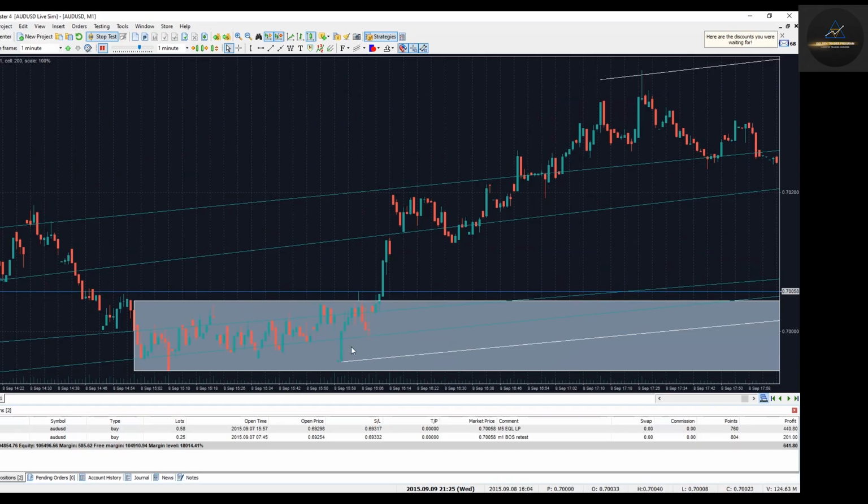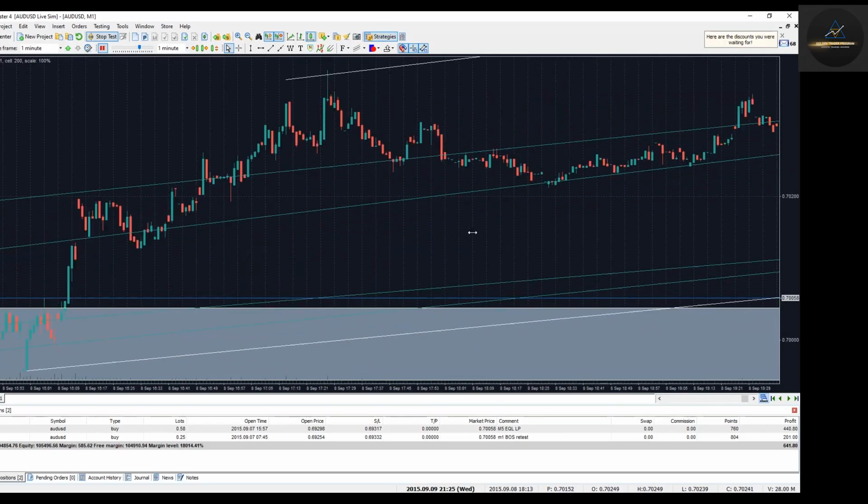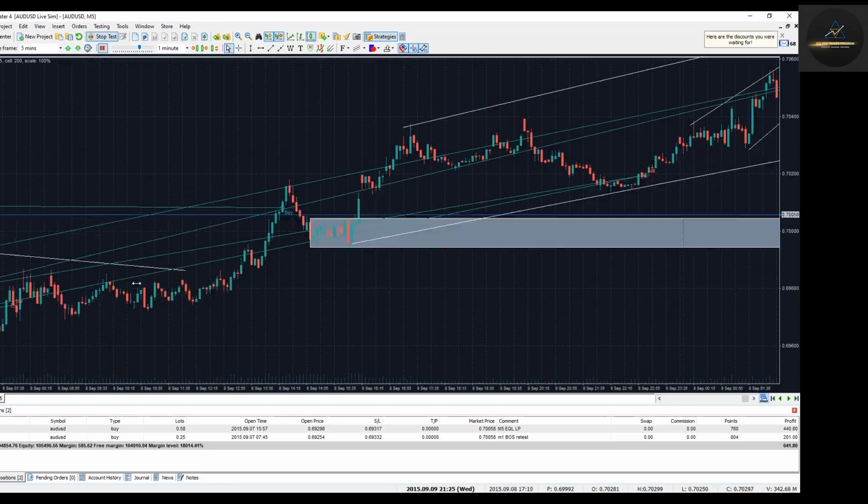So we've got an H1 banker block and there's an M1 gap right here that hasn't been filled yet. So I'm liking this level, literally at the psychological level of 0.7. So let's zoom out and let's place our limit.